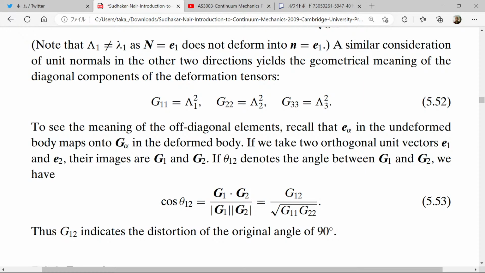A similar consideration of unit normals in the other two directions yields the geometrical meaning of the diagonal components of the deformation tensors. Diagonal component of deformation tensor, the meaning is stretch square.